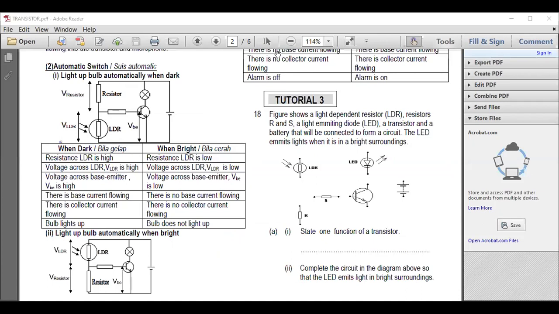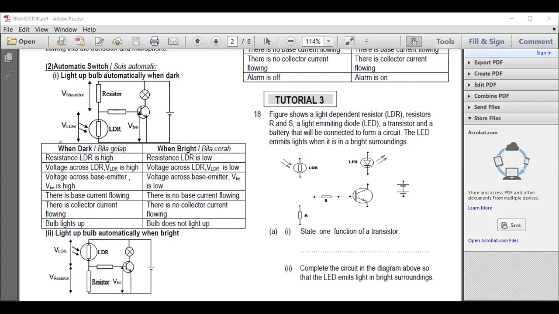So the circuit will be like this. You need a bulb here, you need a transistor, whether NPN or PNP doesn't matter, and then you have another special kind of resistor, which we call an LDR. An LDR is a special kind of resistor where the resistance changes according to the brightness.